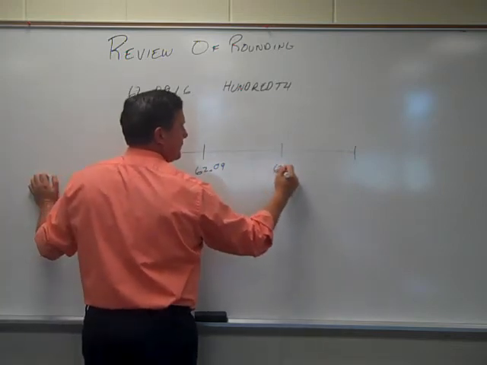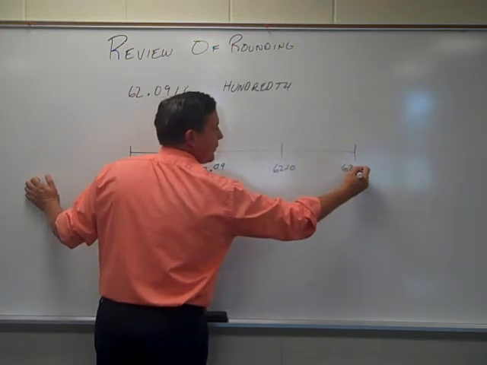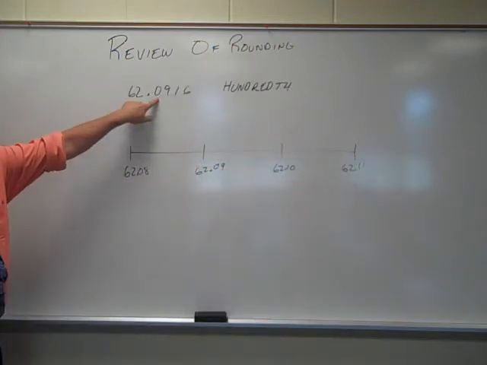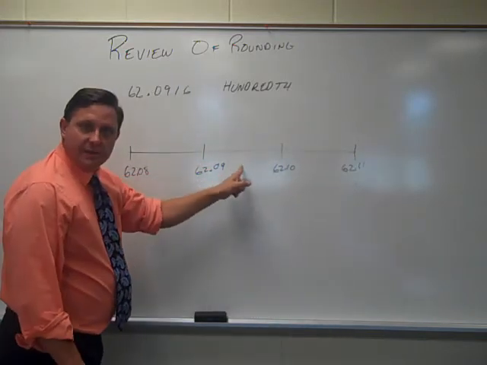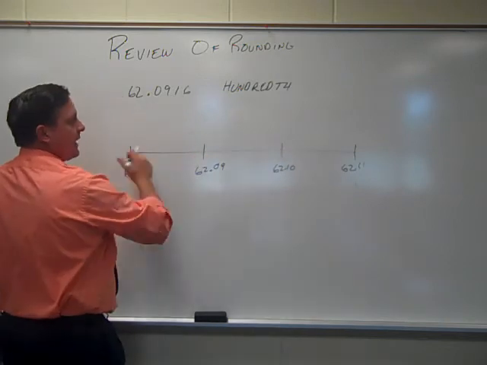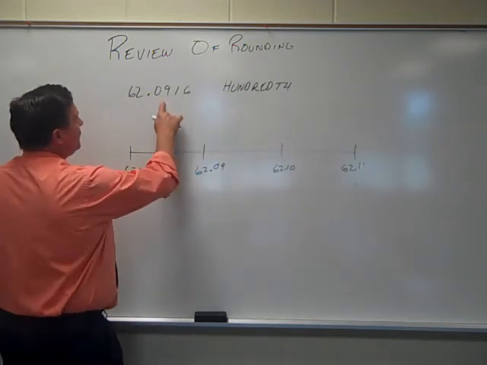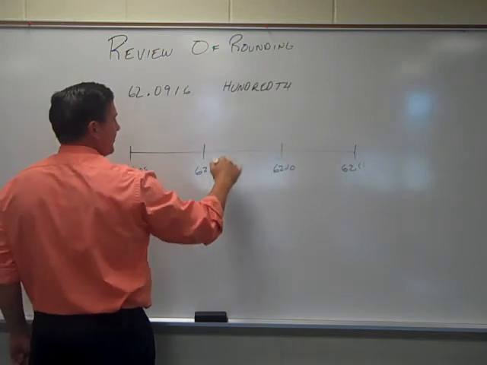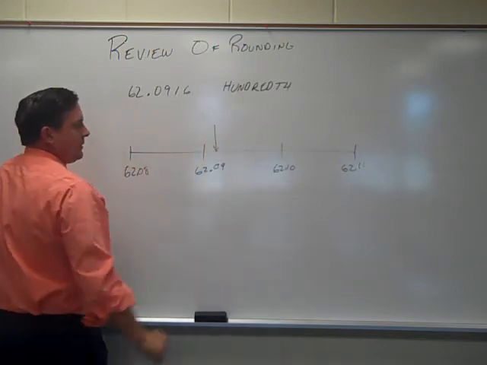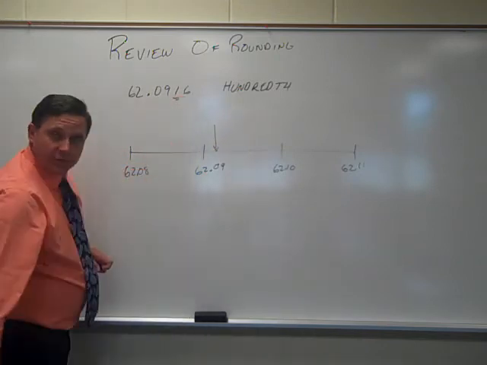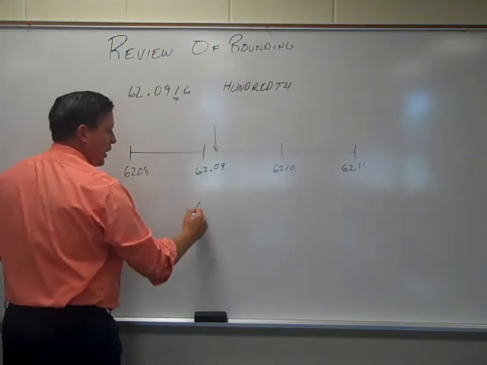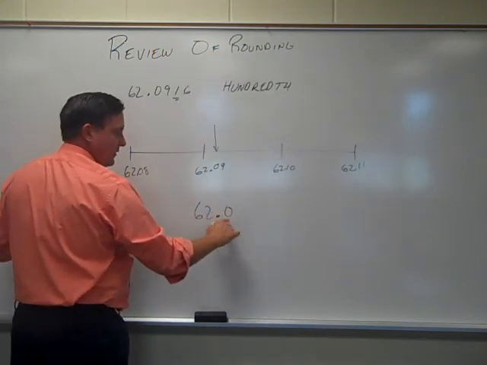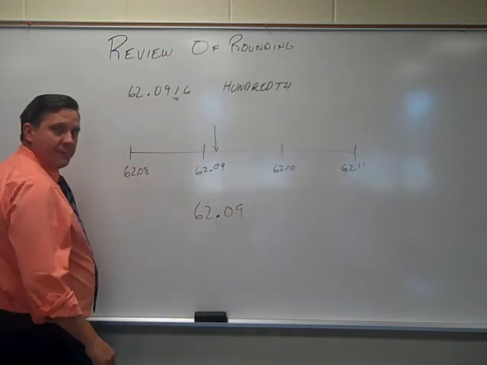This would be 62.10. This would be 62.11. Now, since it's 09, you know it's going to be in between these two values. But I like showing how the progression works. 62.0916, 091. So the 1 is smaller than 5. It says round to the hundredth, so you know your 10th and then your hundredth digit.